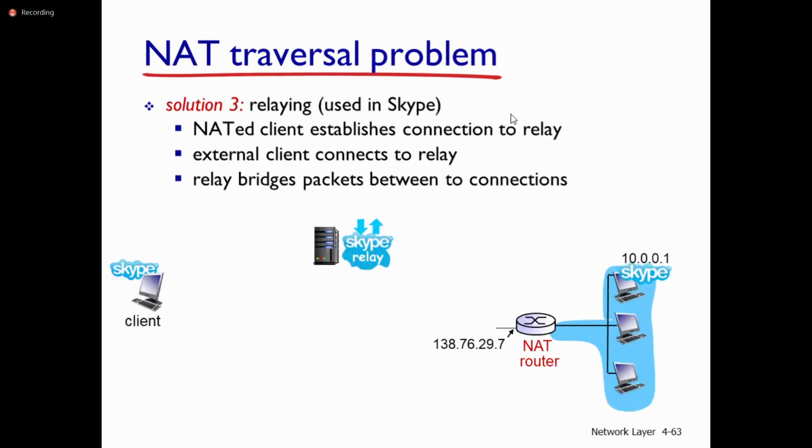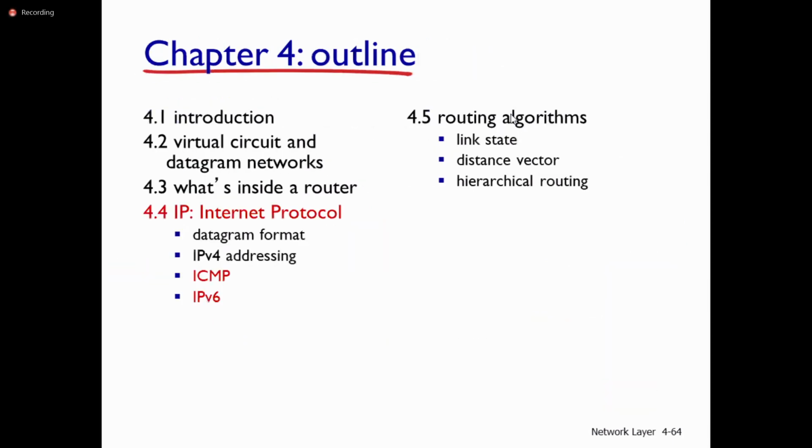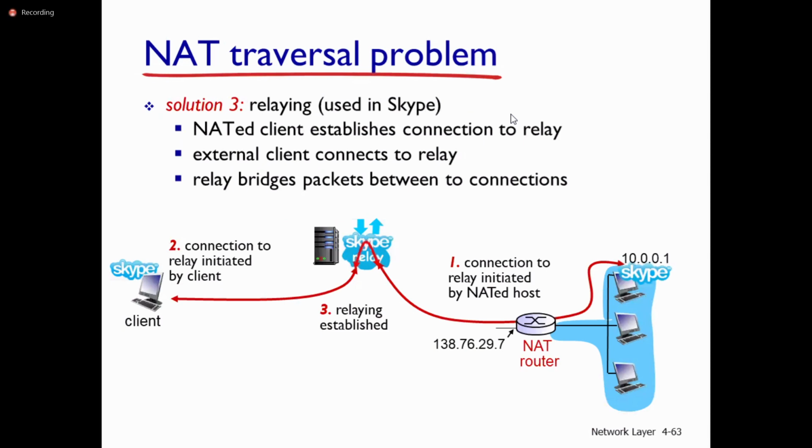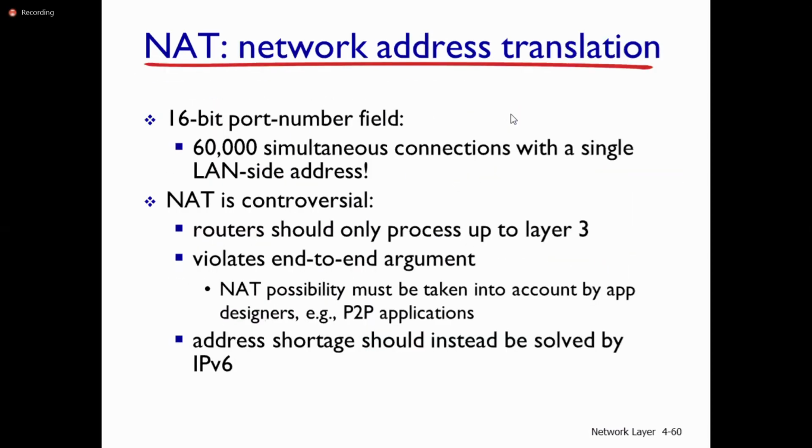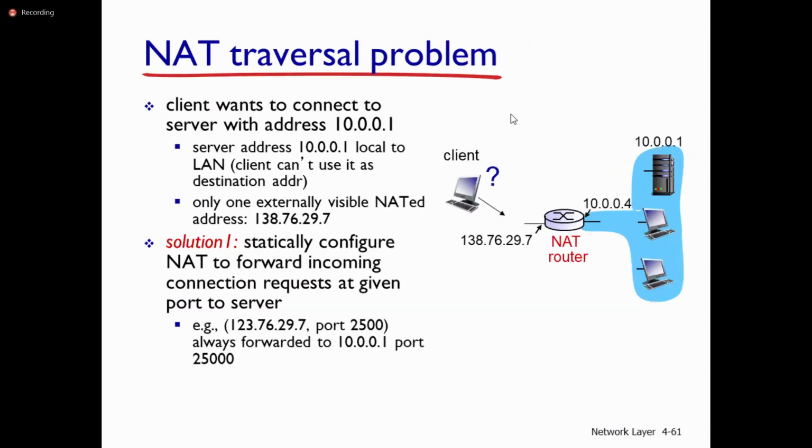If you look, there is a problem here, the NAT traversal problem. The client wants to connect to a server with IP address 10.0.0.1. This is the client; he wants to connect to this one.